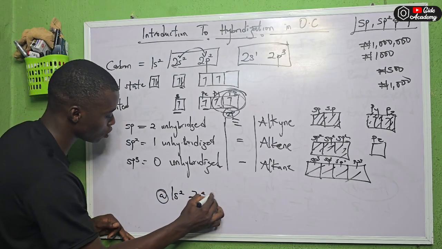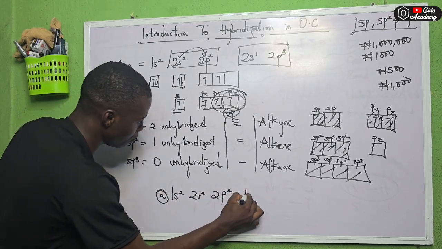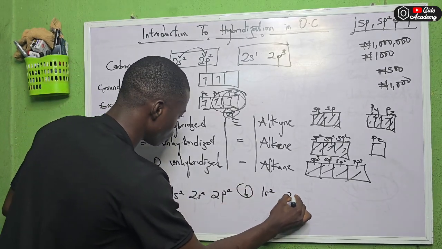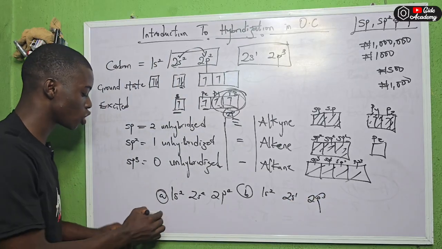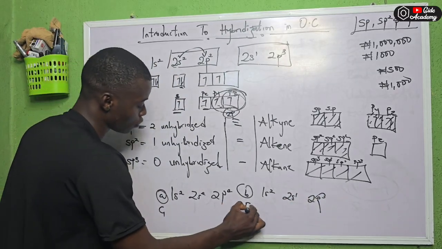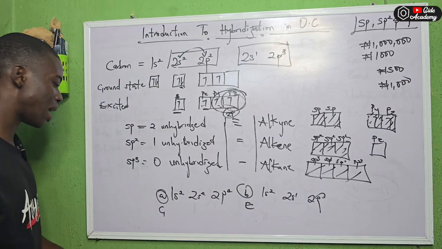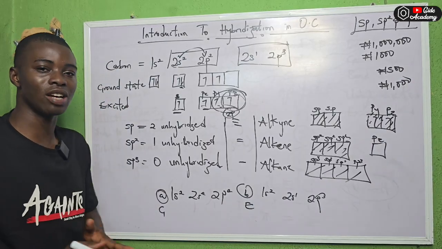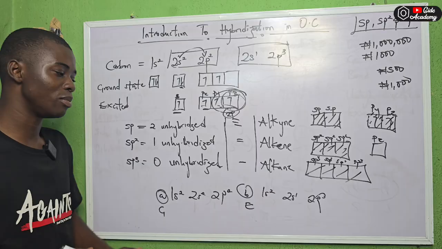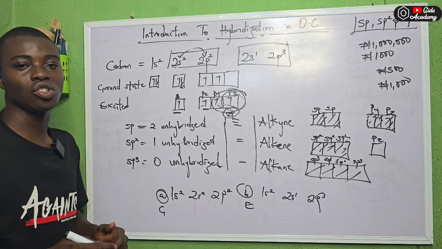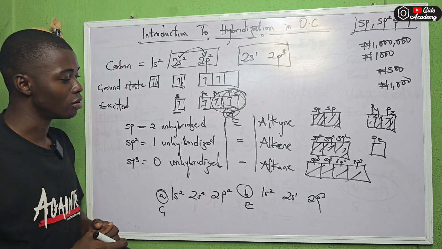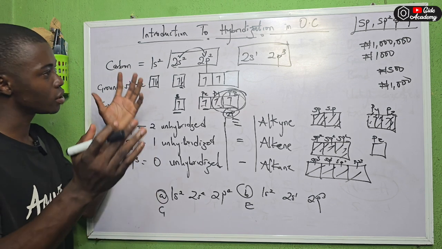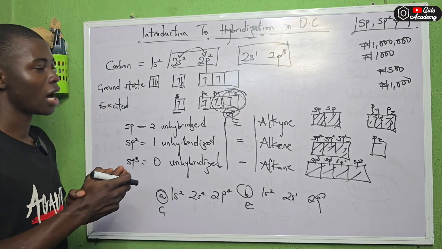A, 1s2, 2s2, 2p2, then B, 1s2, 2s1, 2p3. Now, this one is correct for ground, while this one is correct for excited. So in your exam, check very well: are we talking about the ground state, or the excited state? Because for the excited state, one of the electrons is usually promoted from that particular energy level to a bit higher energy level. So that is what we need to know about hybridization.